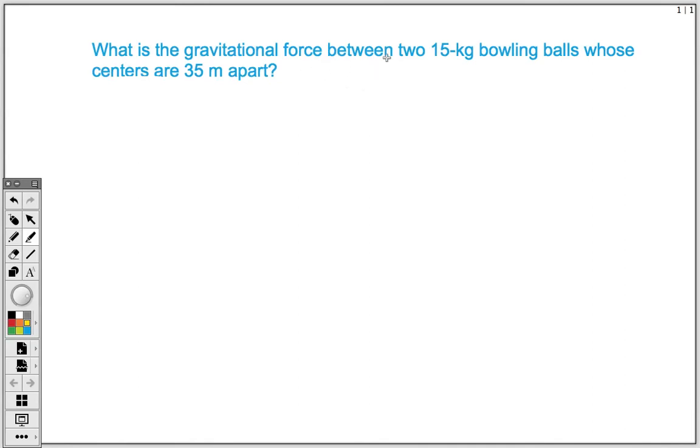In this case, we have two 15-kilogram bowling balls, so those are our two objects, and we also know that they are 35 meters apart. We can also tell that we're trying to solve for the gravitational force.